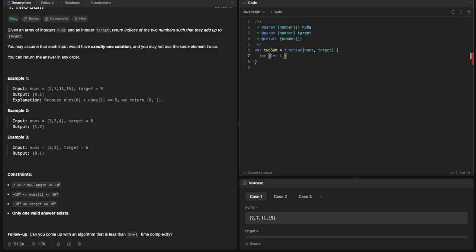Let i equals 0 and i less than nums dot length and i plus plus. Also we will have let element, and element will be nums of i. Okay.